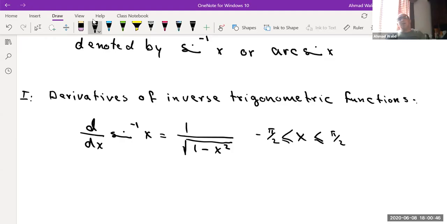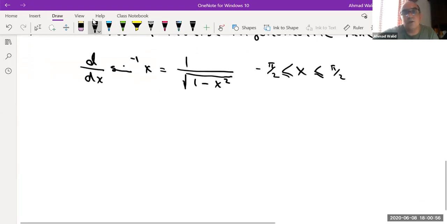I'll do a proof for you of why the derivative of inverse sine x is 1 over the square root of 1 minus x squared. Let me show you the proof.